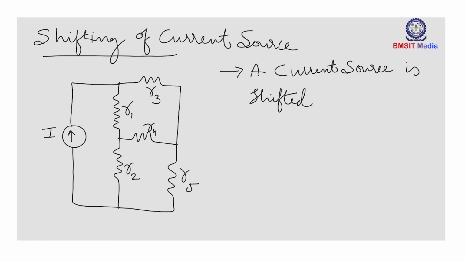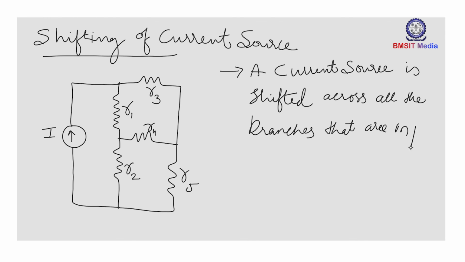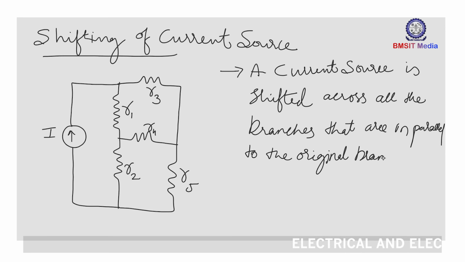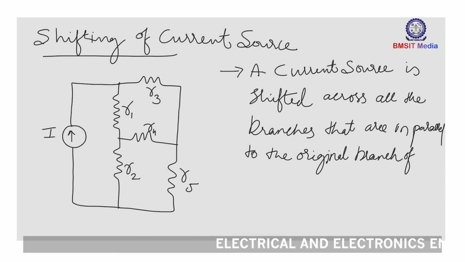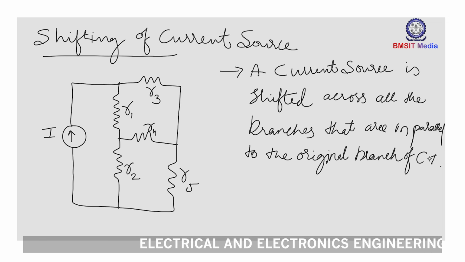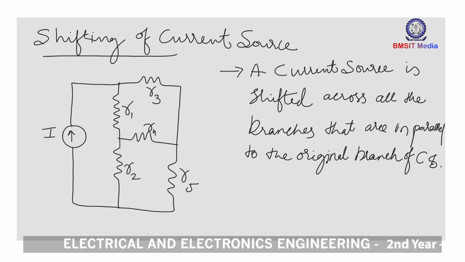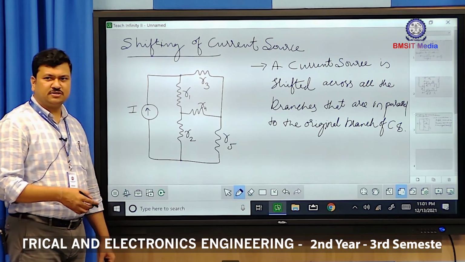across all the branches that are in parallel to the original branch of the current source. Then what happens to the original branch?